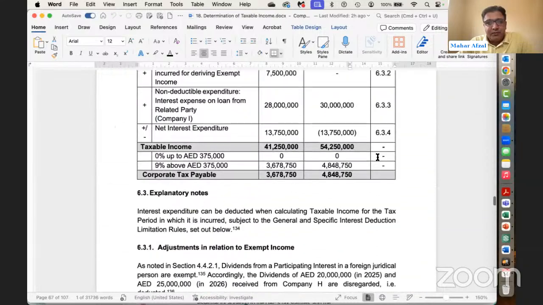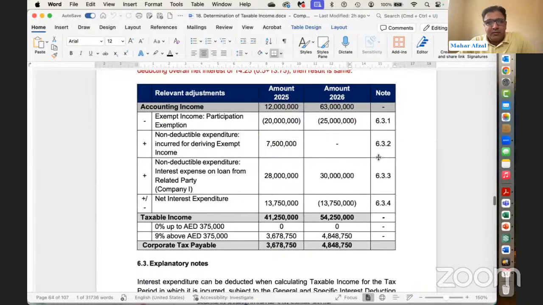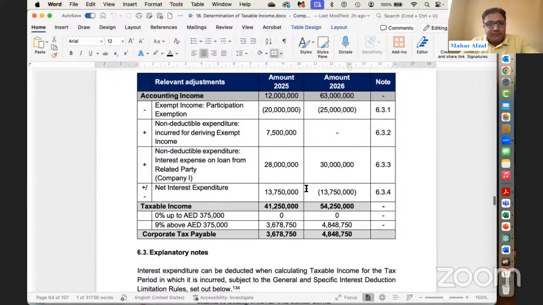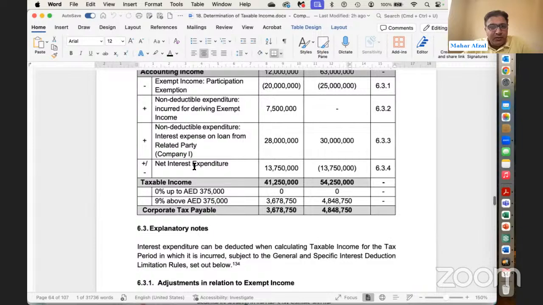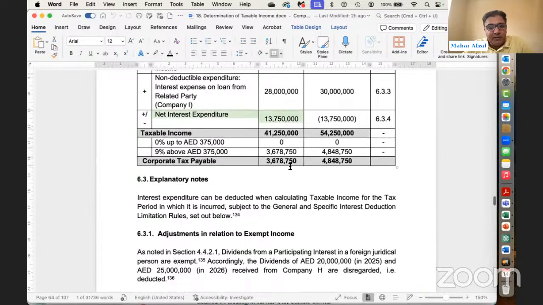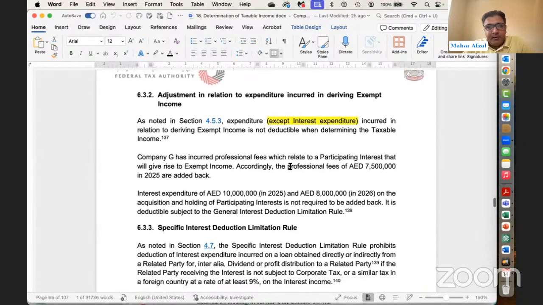So 27,500 minus 20,250. 27.5 million minus 20,250. Just look into this, we might have made some error here.